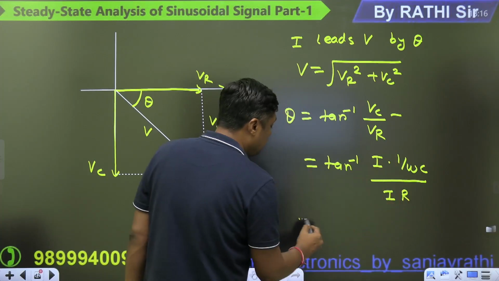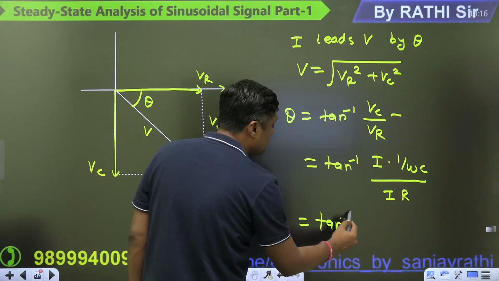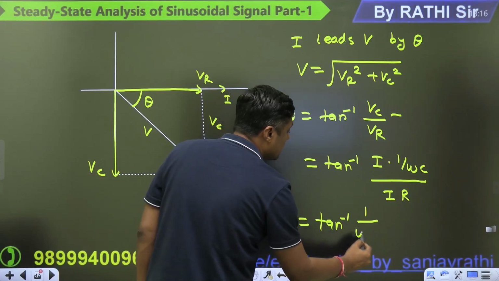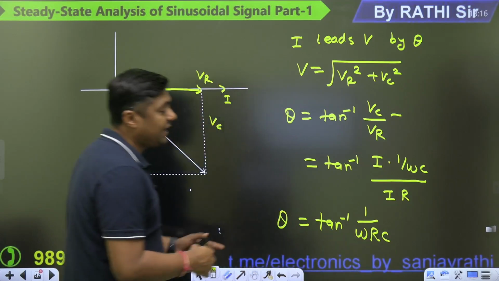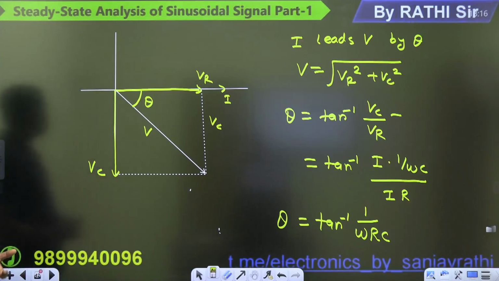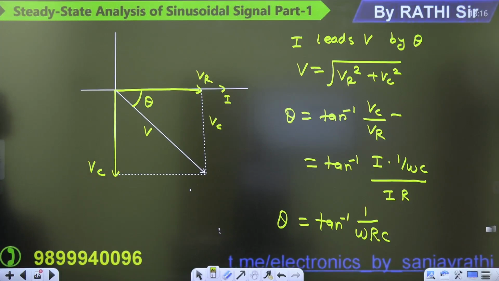I cancels, it will become tan inverse of 1 by omega RC. This is the theta. Sorry, this is the leading angle, because current leads the voltage by theta, and that's why we are going to get leading power factor. In a capacitive circuit, we get the leading power factor.